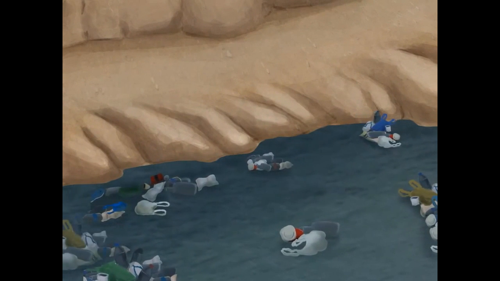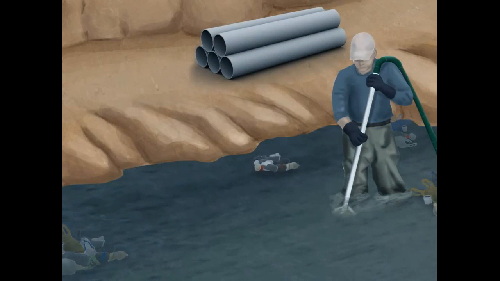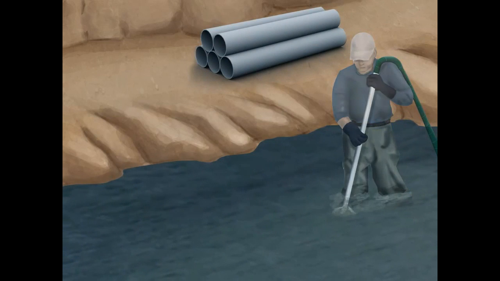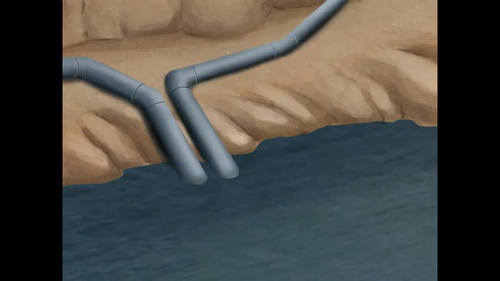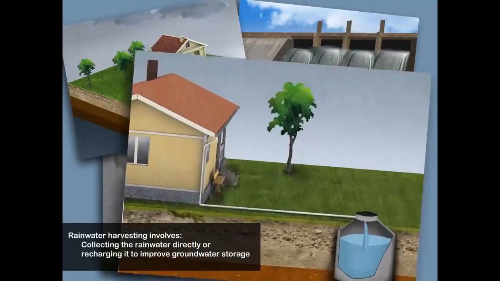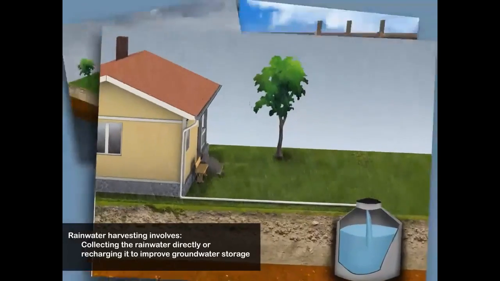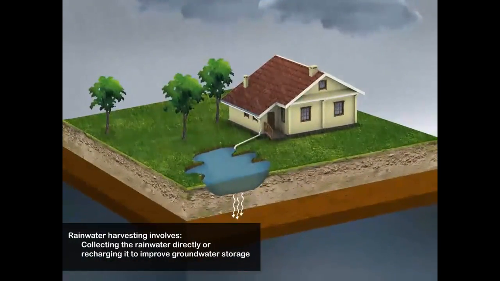Therefore, the need of the hour is water conservation, or what is referred to as water harvesting. Water harvesting encompasses all the different methods of conserving and collecting rainwater. One such method is rainwater harvesting, and another is recharging groundwater. Rainwater harvesting involves either collecting the rainwater directly or recharging it to the ground to improve groundwater storage.